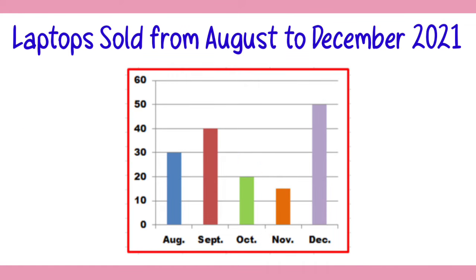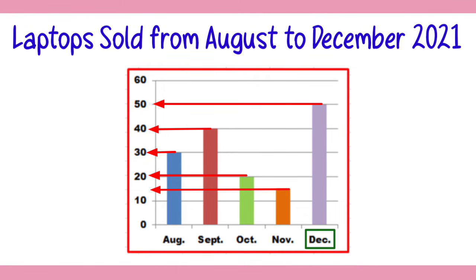That means to say, there were 30 laptops sold last August, 40 laptops in September, 20 in October, 15 laptops last November, since it is in the middle of 10 and 20, the least number of laptops sold, and 50 laptops in December, the most number of laptops sold.